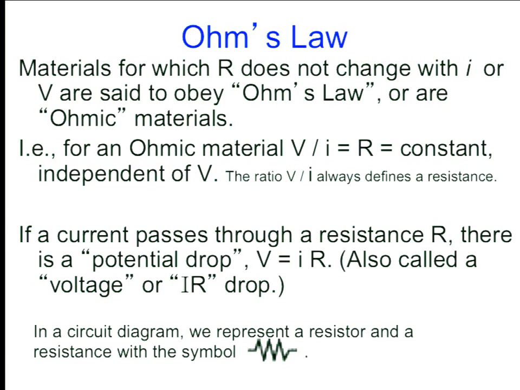So for example, now we have a circuit where the battery is going to push current through here, through these 2 resistors, then through this one back to here. And we have 3 meters. I don't know exactly what scale it's set at.